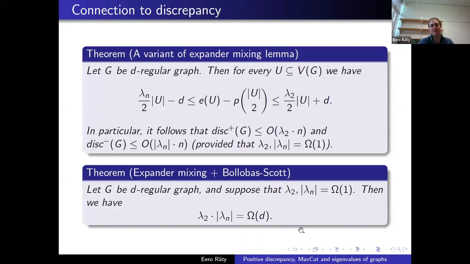But if lambda 2 times lambda n is a constant times d, then we know that equality must hold in the Bollobás-Scott theorem, and hence also in this variant of the expander mixing lemma. So in those cases, the discrepancy is actually determined by the eigenvalues exactly, and not just upper bounded by them.